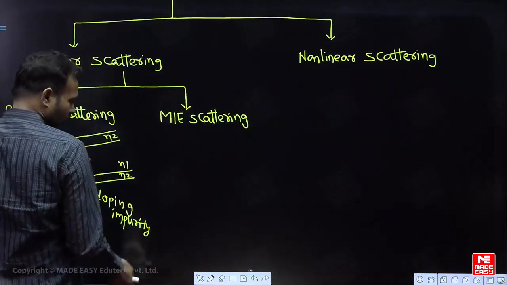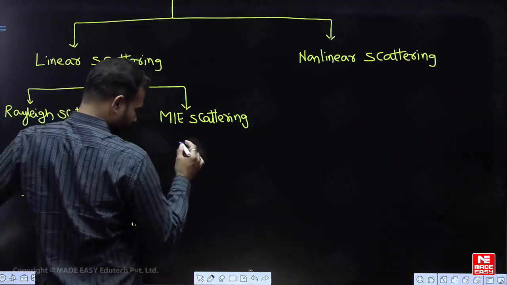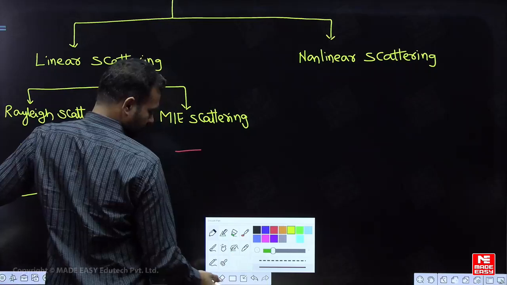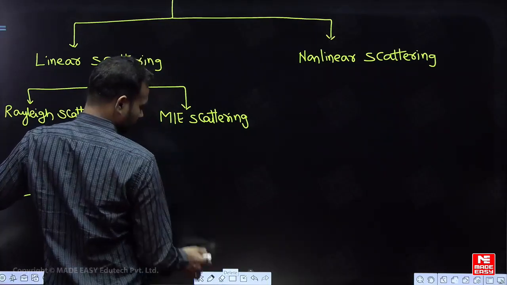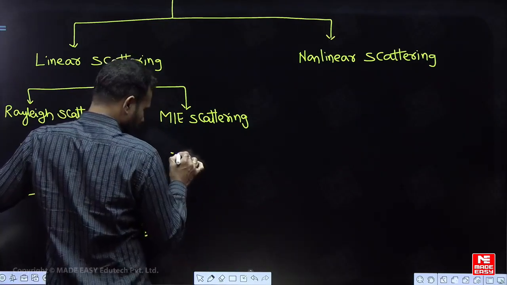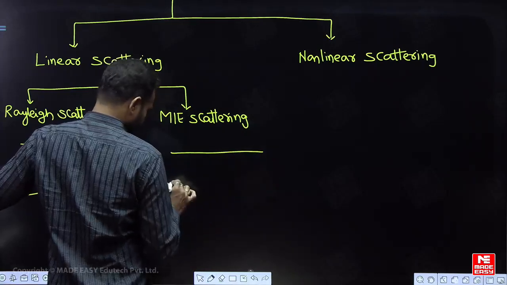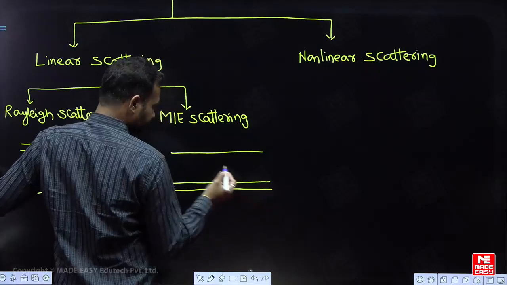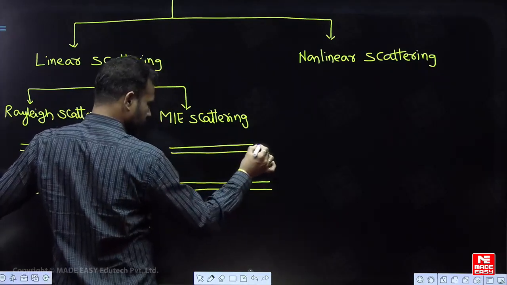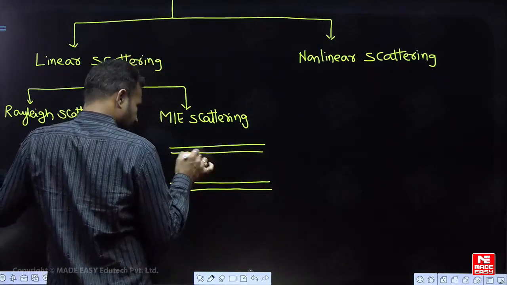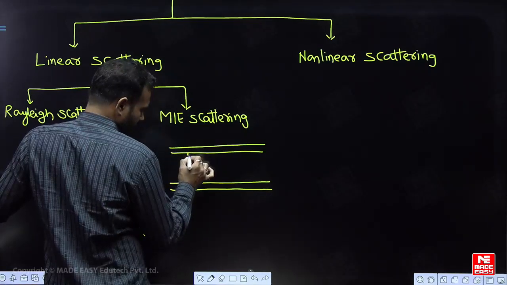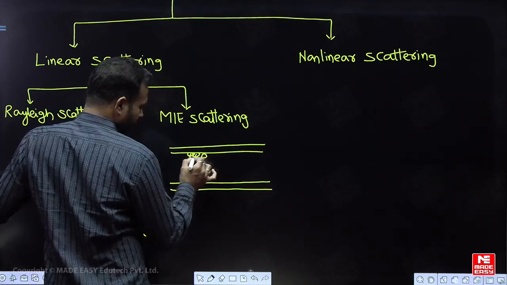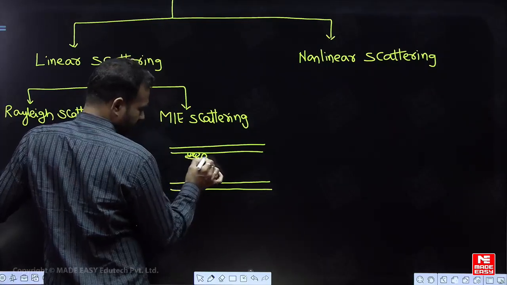here I am explaining the Mie scattering. First your core is rolled. This makes a deformation in the molecular structure. See, the structure is changed.